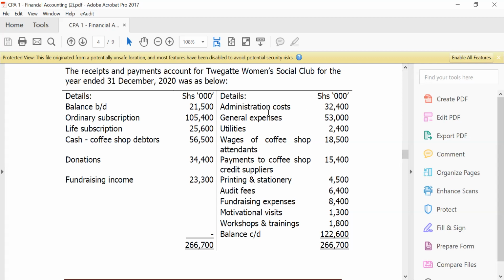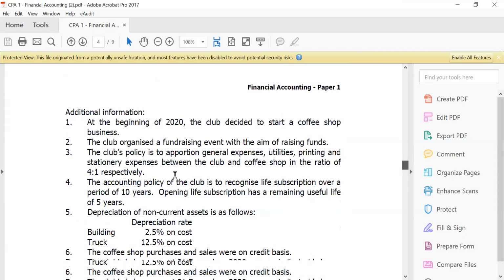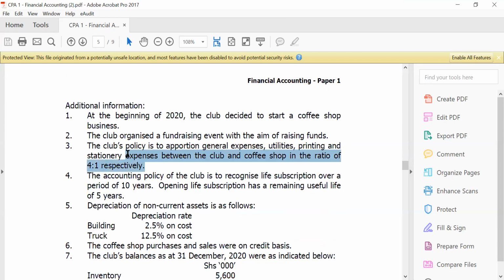So we have administration costs, general expenses and utilities, wages to our coffee shop and so on. But then we have a note that you need to take into consideration that told us that the company's policy is to apportion general expenses, utilities, printing and stationery between the club and the coffee shop in the ratio of 4:1.